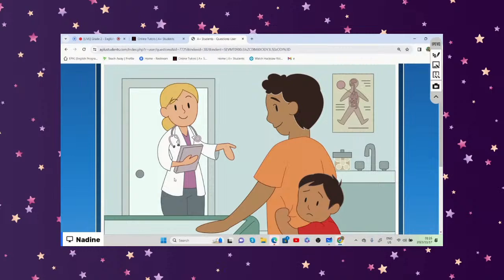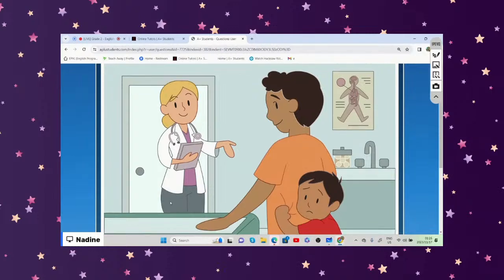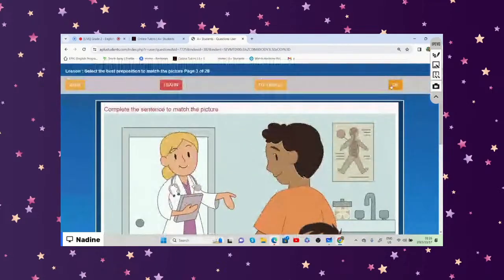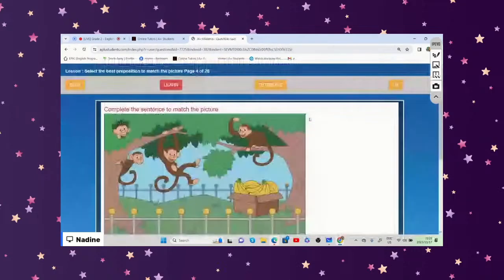All right, so we can then basically say the woman is standing in front of the door. And yes, in front of is correct. So well done.